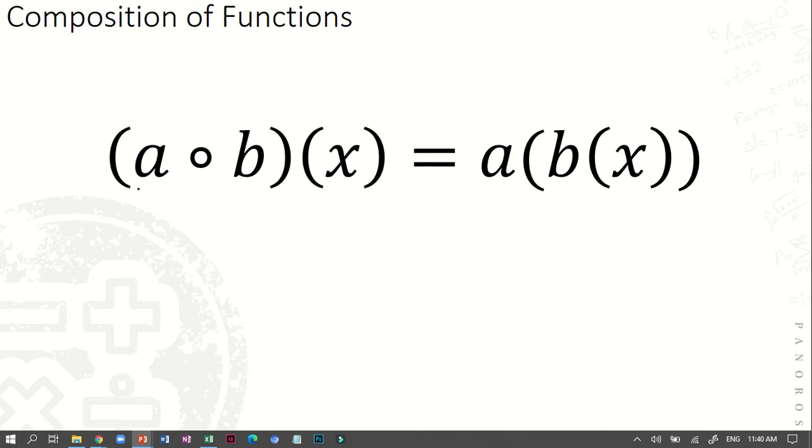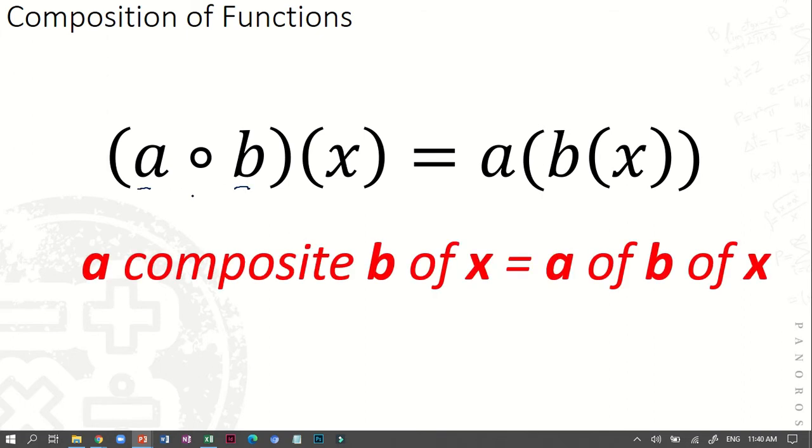Example here, we have letter A and letter B. This will be read as A composite B of X is equal to A of B of X.